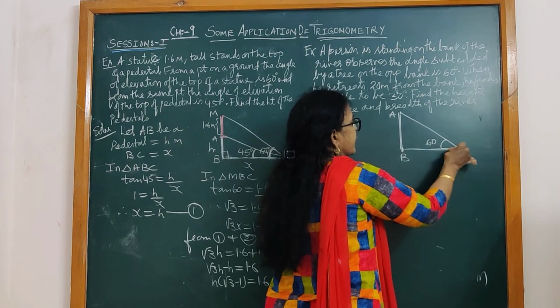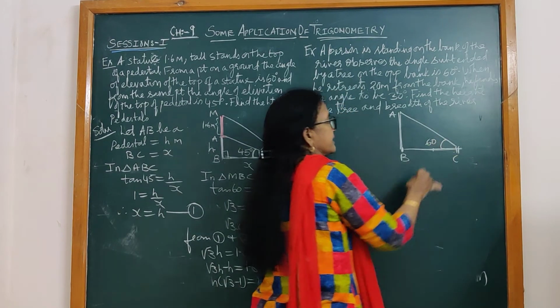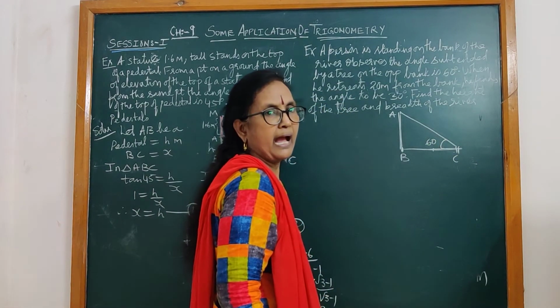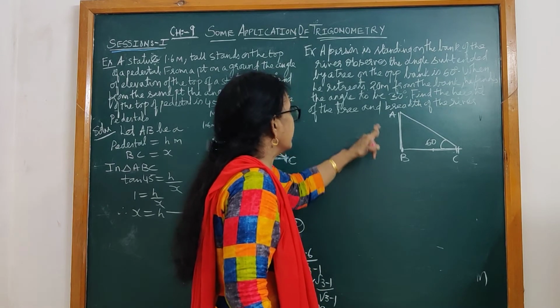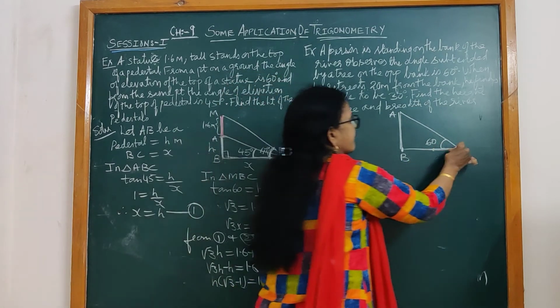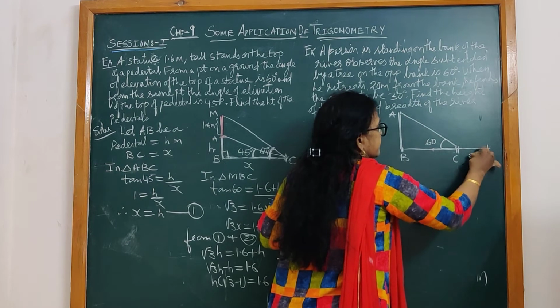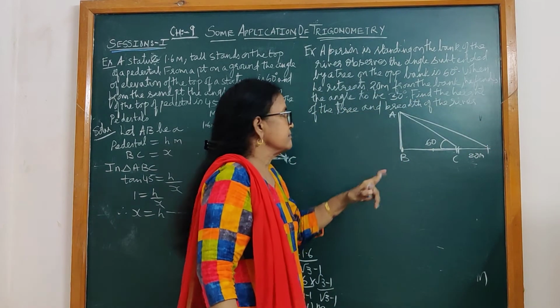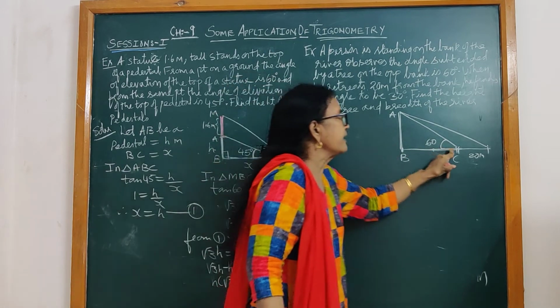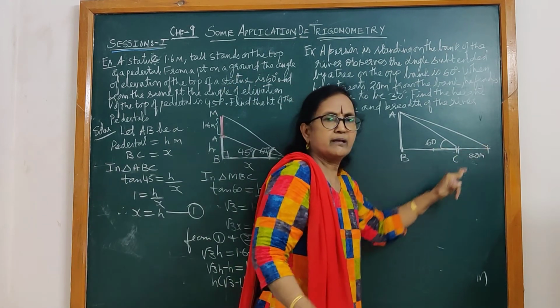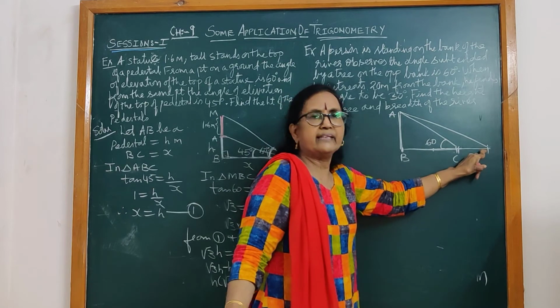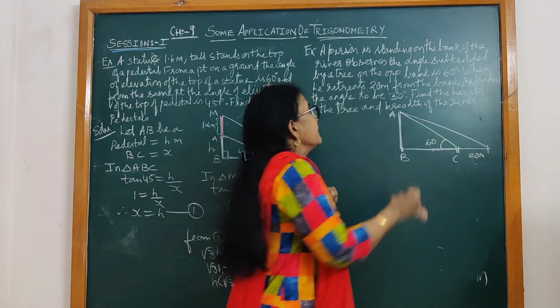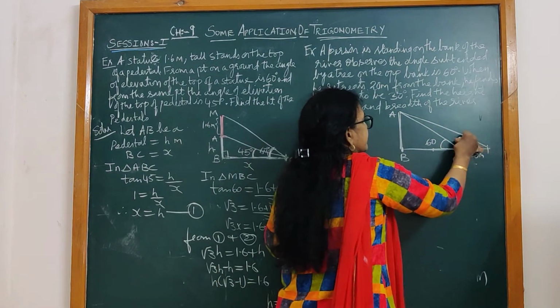He retreats 20 meters. So he is going away from the bank, 20 meters, and then again he is observing it. The angle he is making is 30 degrees.